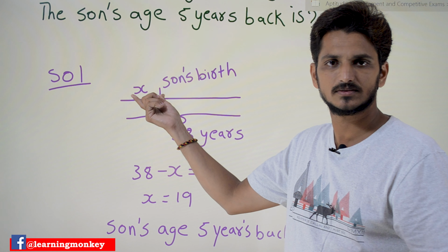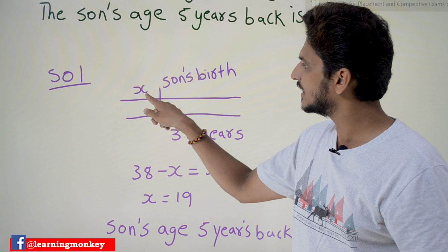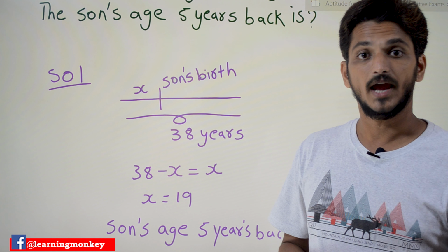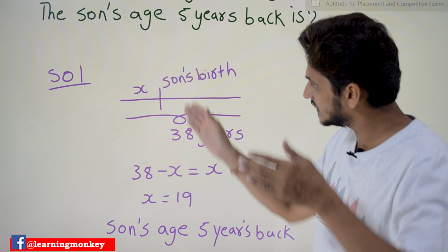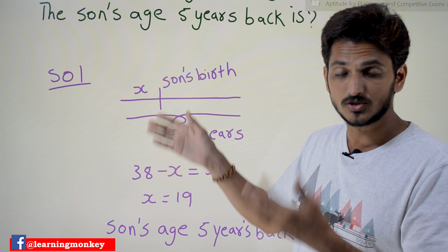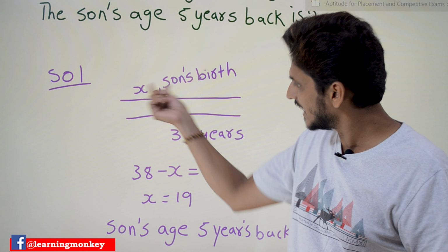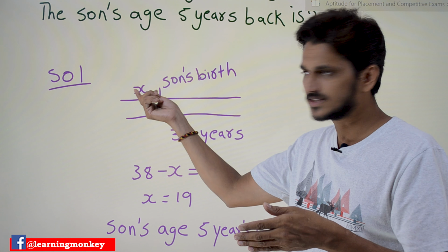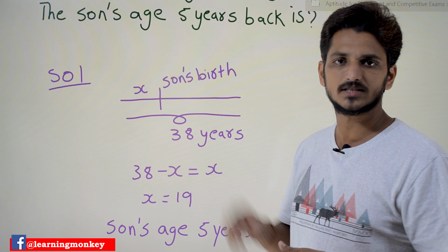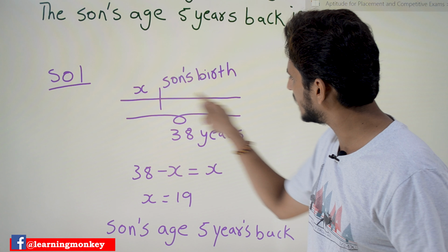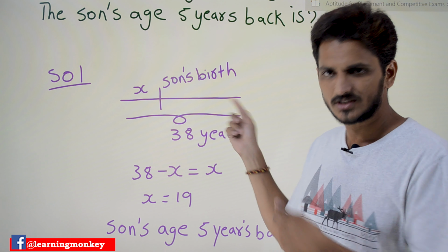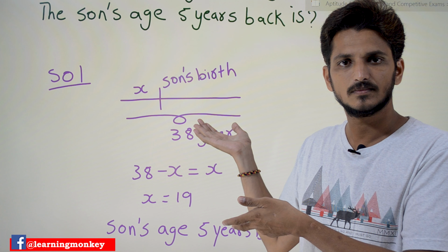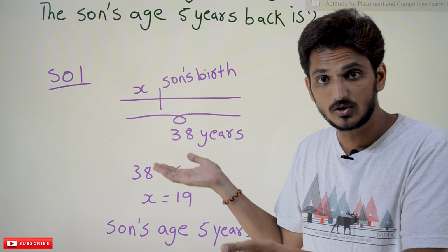So 38 minus X equals X. At the time of the birth of the son, we assume the father's age is X. Then 38 minus X, what you are going to get? This part. What is this part? The son's age, which is equal to X.